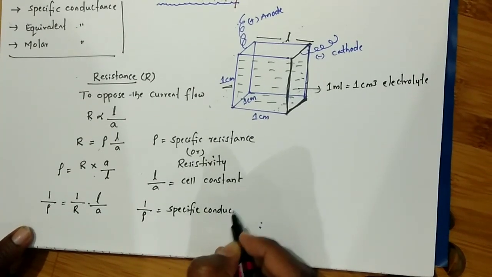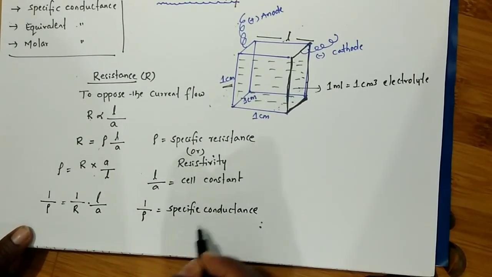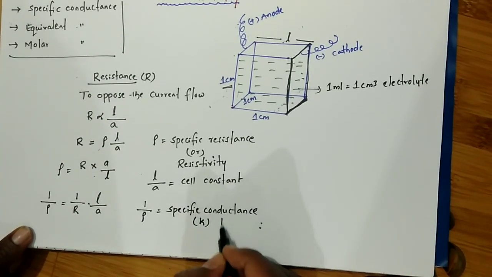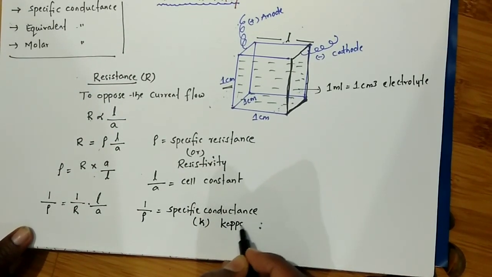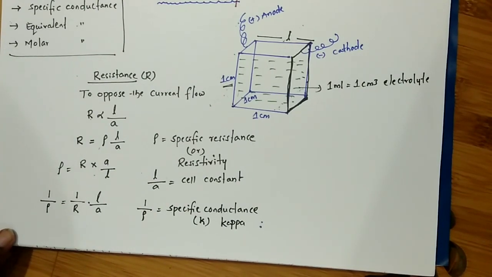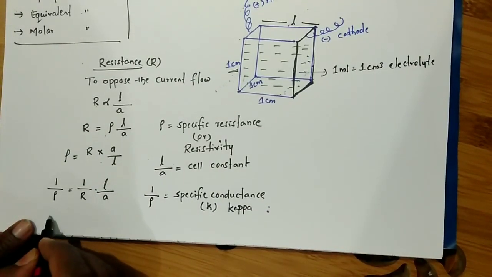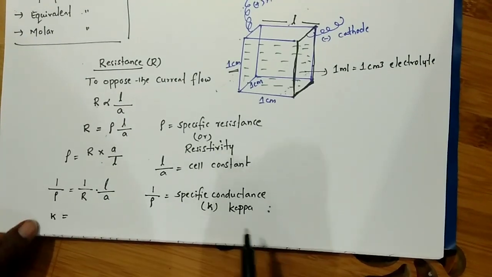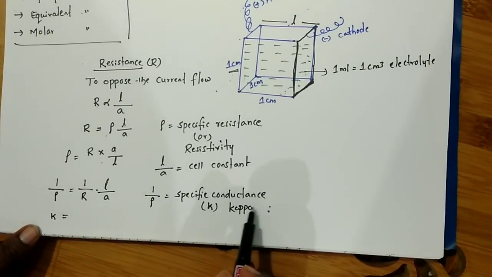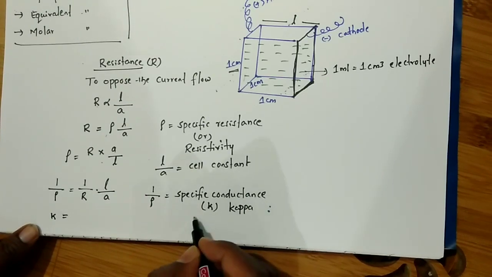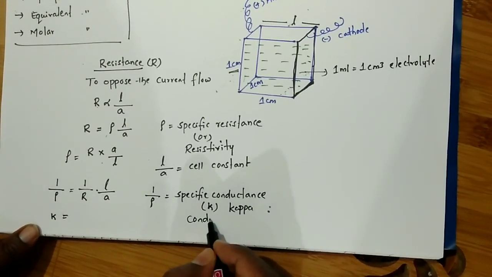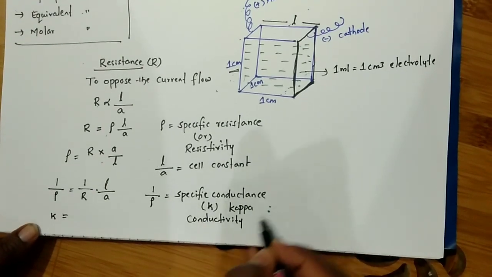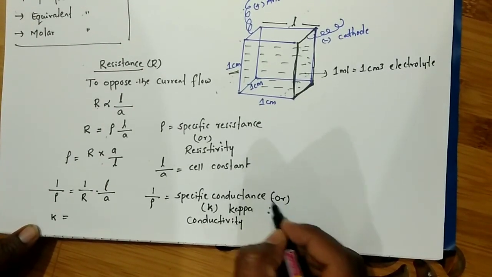The specific conductance we indicate with the symbol we call kappa, K. What is this specific conductance? Simply you can call it conductivity. Specific conductance or conductivity.